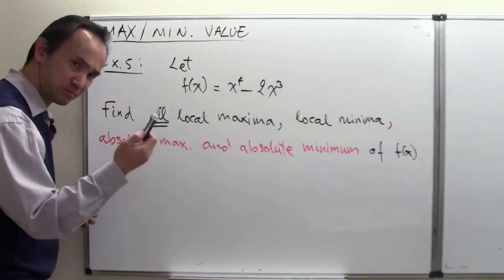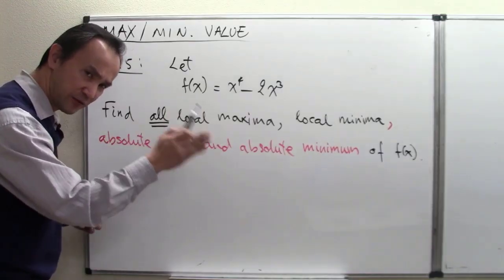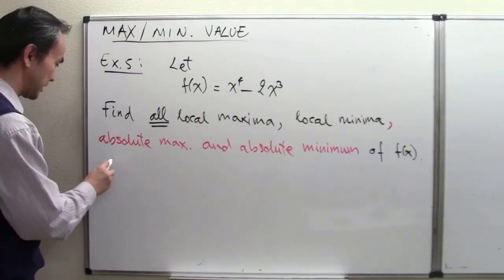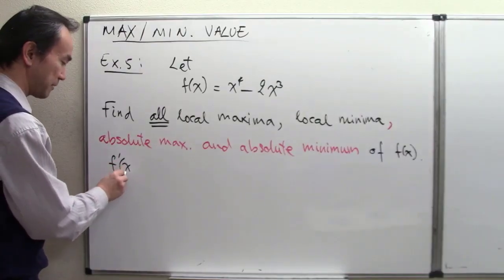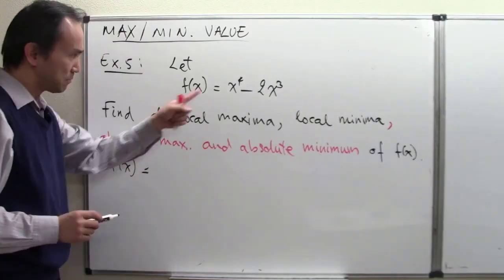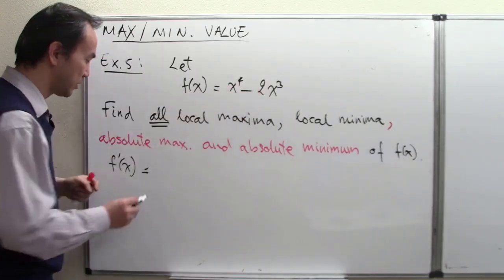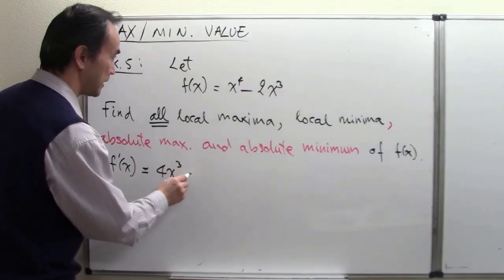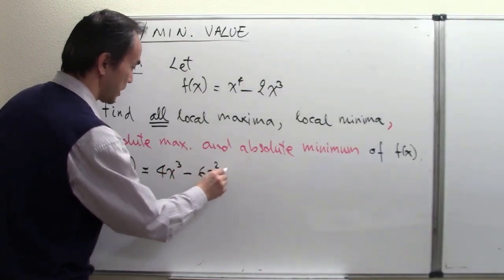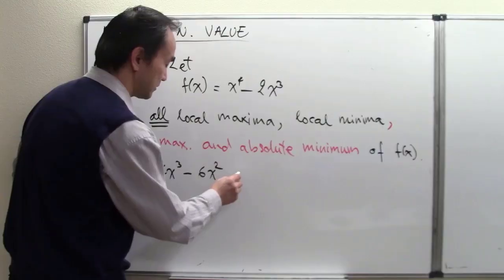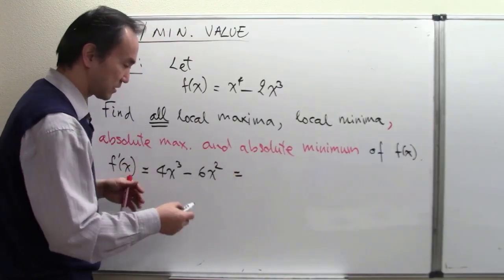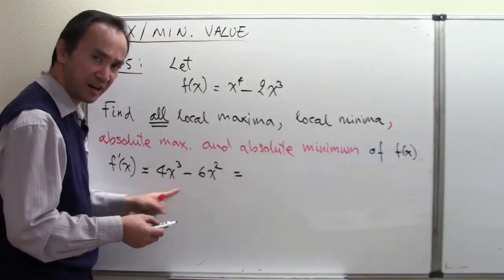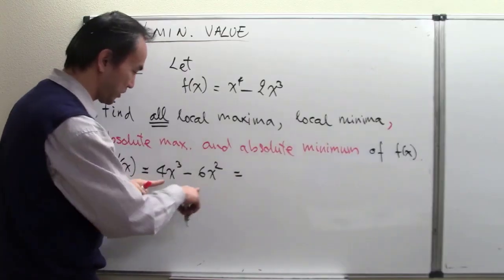The critical values are the first thing we need to find, and in order to find them, let's look at f prime. f prime for our function is 4x cubed minus 6x squared. The kind of work here highly recommends that we factor it out.